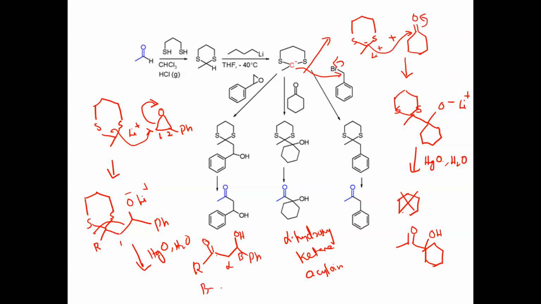It's actually a beta hydroxy ketone. So in the Umpolung, if you use an epoxide, it will give you a beta hydroxy ketone. If you use another ketone, it will give you an alpha hydroxy ketone. And depending upon the nature of the compound, you will get substituted compounds. These are some of the very important reactions and applications of Umpolungs. We shall see more applications in the next slide.